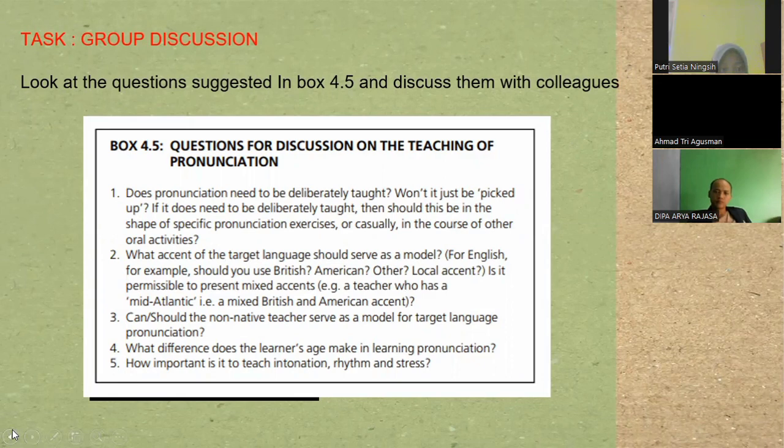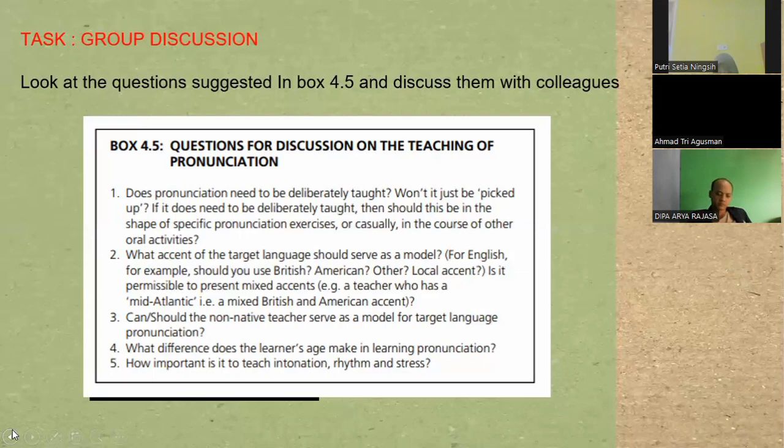The first, does pronunciation need to be deliberately taught? Won't it just be picked up? If it does need to be deliberately taught, then should this be in the shape of specific pronunciation exercises or casually in the course of other oral activities?